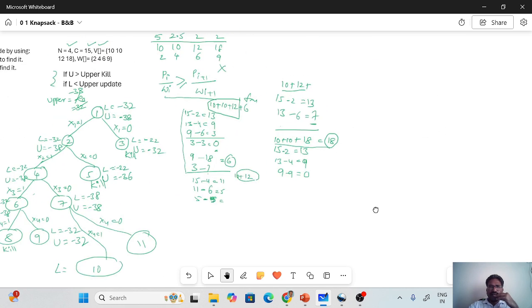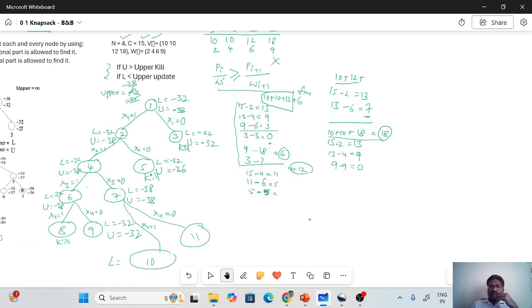Already we calculated that case. 1 considered, 2 considered, and 4 considered, 3 ignored. So what is the L value we are getting? Minus 38, and U also minus 38.